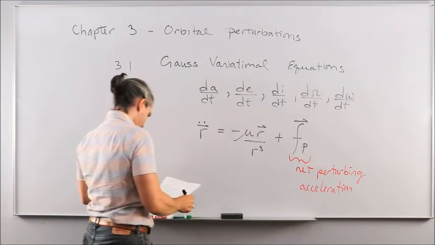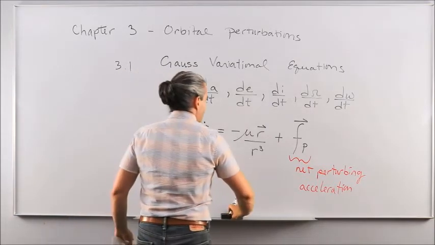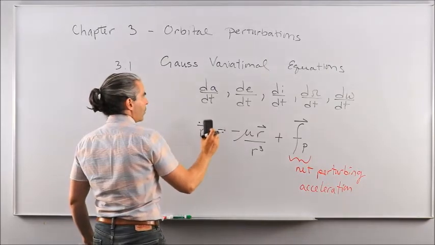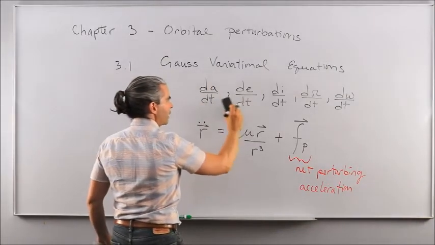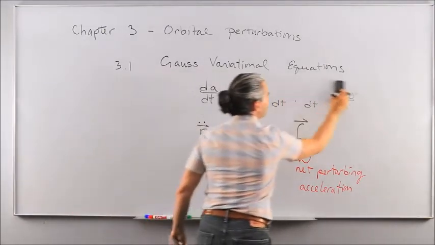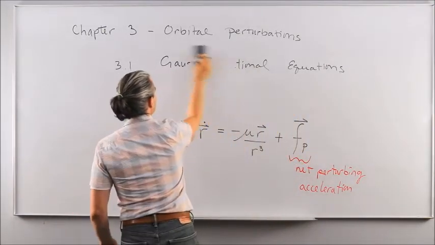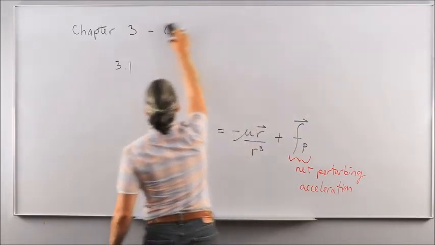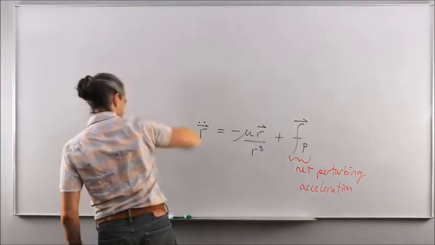And more precisely, we're going to see expressions for the rate of change in those 5 orbital elements, which will be a function of 3 things.